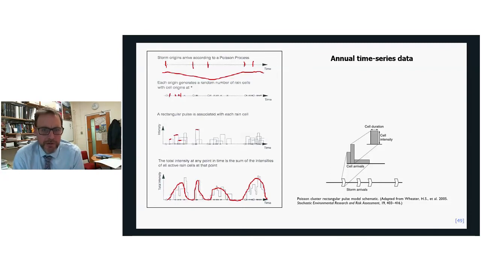Whilst in the methods I've been showing you, I've been drawing differences between rainfall in Edinburgh and rainfall in Glasgow, which is just 50 miles apart, in other parts of the world, rainfall is borrowed from hundreds or perhaps even thousands of miles away. I'm exaggerating slightly, but other parts of the world don't have that luxury.